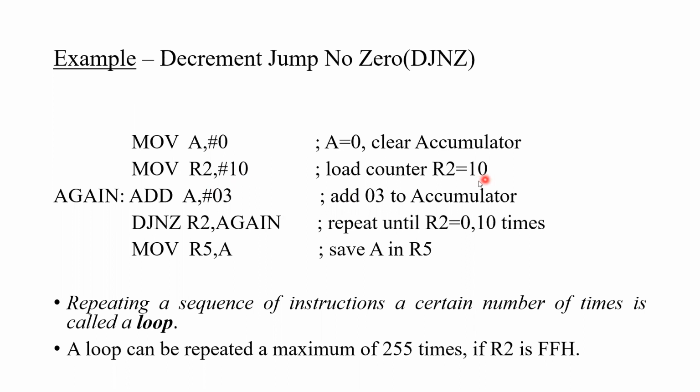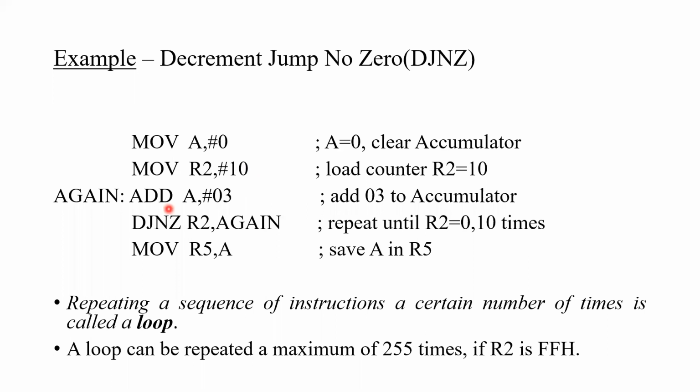In hexadecimal, R2 will have a value of 0AH. Since we are more used to decimals, we mention R2 as 10 there, but R2 will have a value of 0AH, because there is no suffix mentioned.